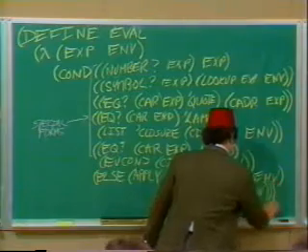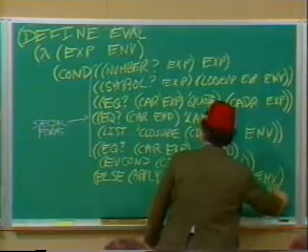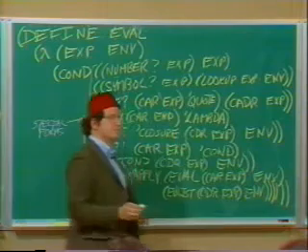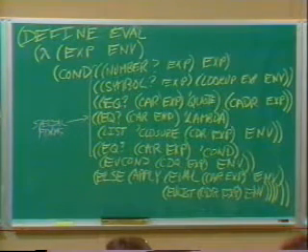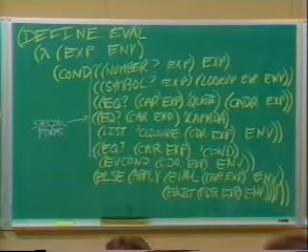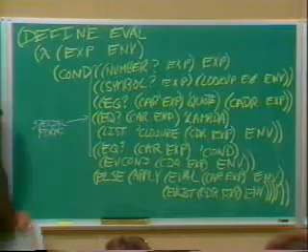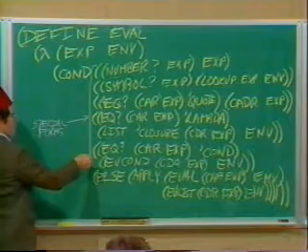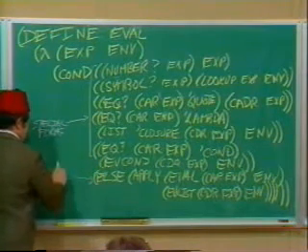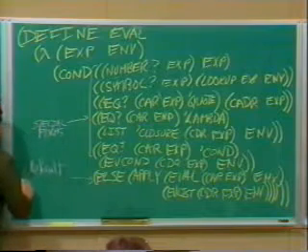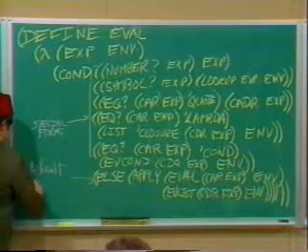Evlist, apply, cond pair, cond, lambda, define. Okay? So what you're seeing here now is pretty much all there is in the evaluator itself. It's the case dispatch on the type of the expression with the default being a general application or a combination.